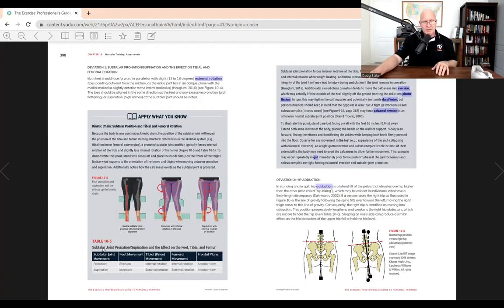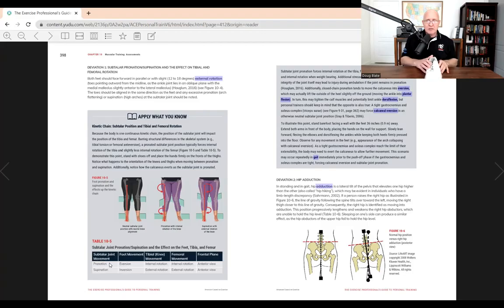So table 10.5, subtalar joint pronation, supination, and the effect on the feet, tibia, and femur. Okay. Number one, pronation at the subtalar joint. When we see pronation at the subtalar joint, we see this flattening of the arch and movement.